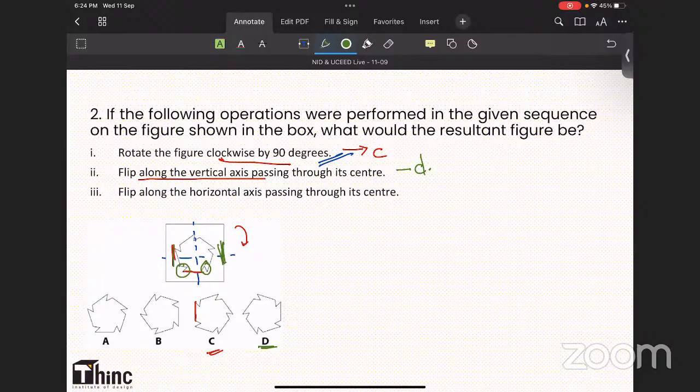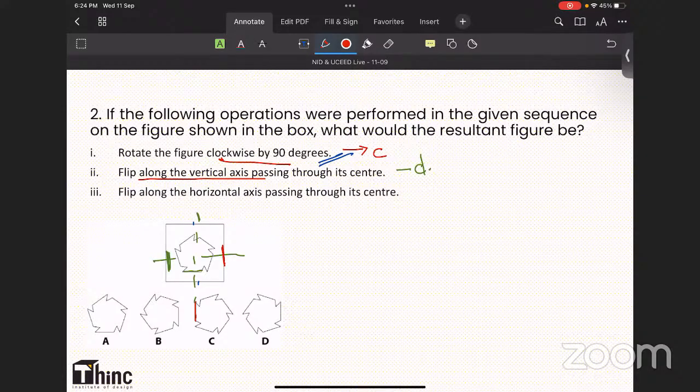Just a second, once again from the beginning, we chose this particular straight line over here. We made a 90 degree rotation, so it came to the left, and after flipping, it came to the right.